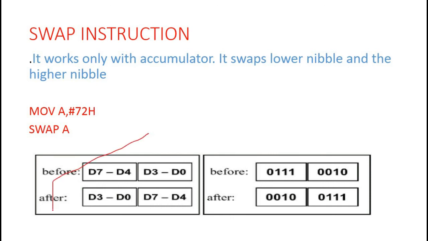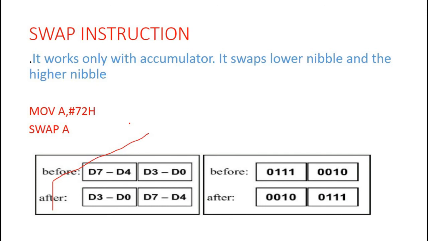Okay, see here, we know the data is 8 bit and it is represented as D0 to D7. So after the swap operation, D3 to D0 will come into the D7 to D4 place, and D7 to D4 will come into the D3 to D0 place.